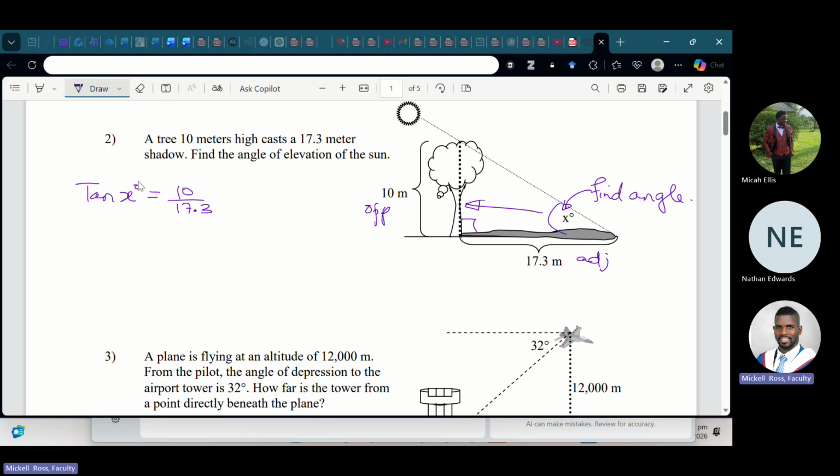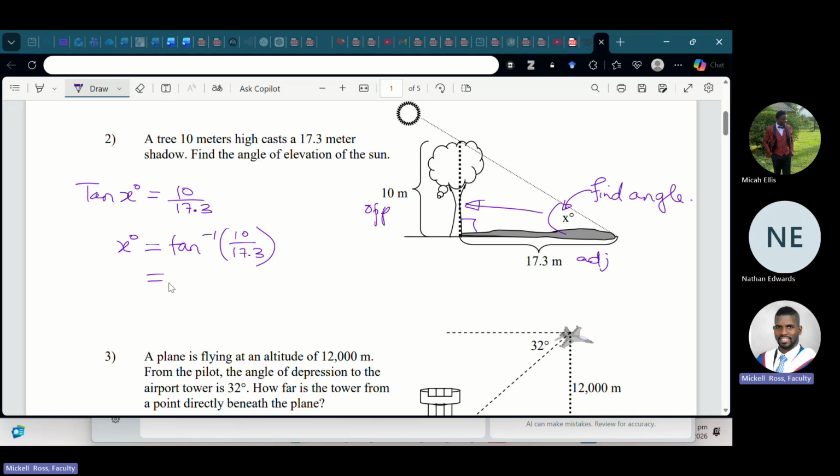So we want to find x, as I indicated over here. To find the size or the magnitude of an angle, if you see them use the word magnitude or size, it's still the same thing.